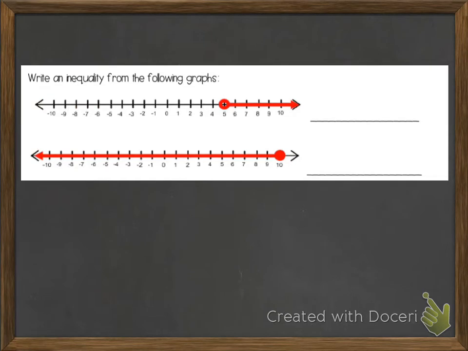So here we have a graph. If we look at our graph, we have an open circle. So that means that we have 2 options, and that's less than or greater than. So if we write our phrase, we have X. It is pointing to the right, so that means that it's greater than.